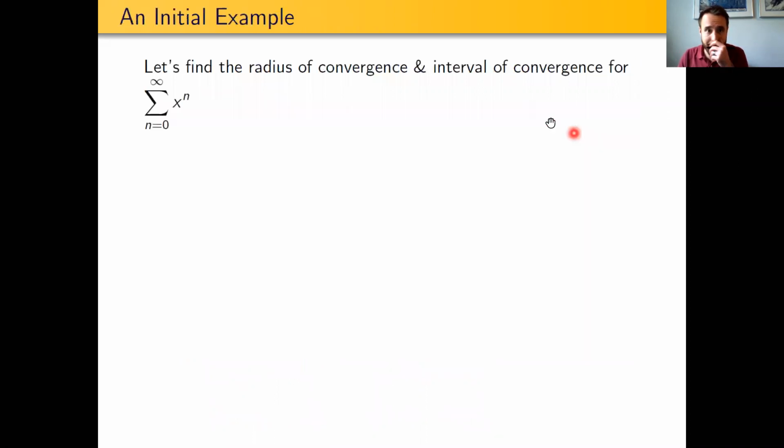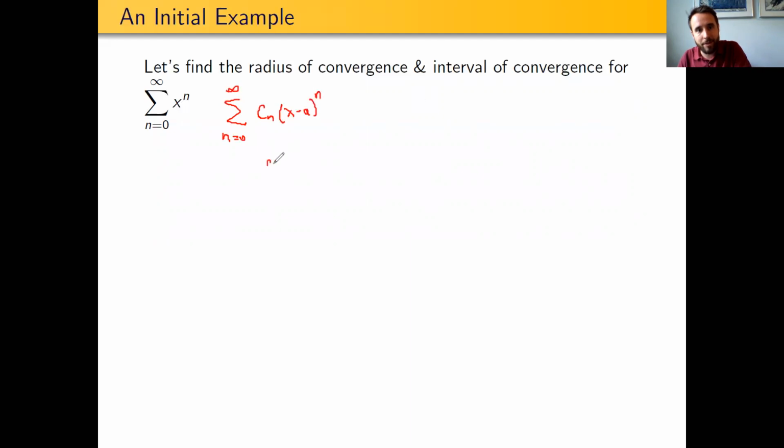Okay, let's look at an explicit example and try to find the radius of convergence and the interval of convergence for this lovely power series. The series is the sum from n equals 0 to infinity of x to the n. Notice, this is written in the form of the sum n equals 0 to infinity of c sub n times (x minus a) to the n.